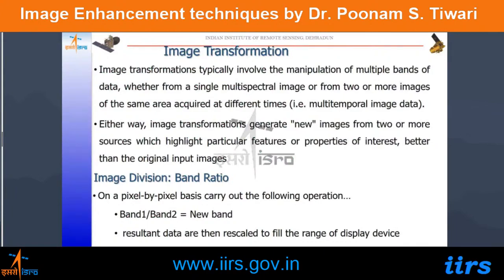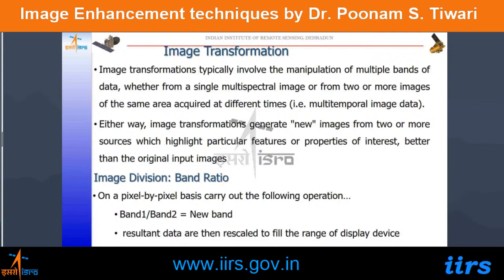Okay, then the third type of image enhancement is spectral enhancement, or we call them image transformations also. So in spectral enhancement, the output brightness value is calculated by taking the brightness values of a pixel in multiple bands.